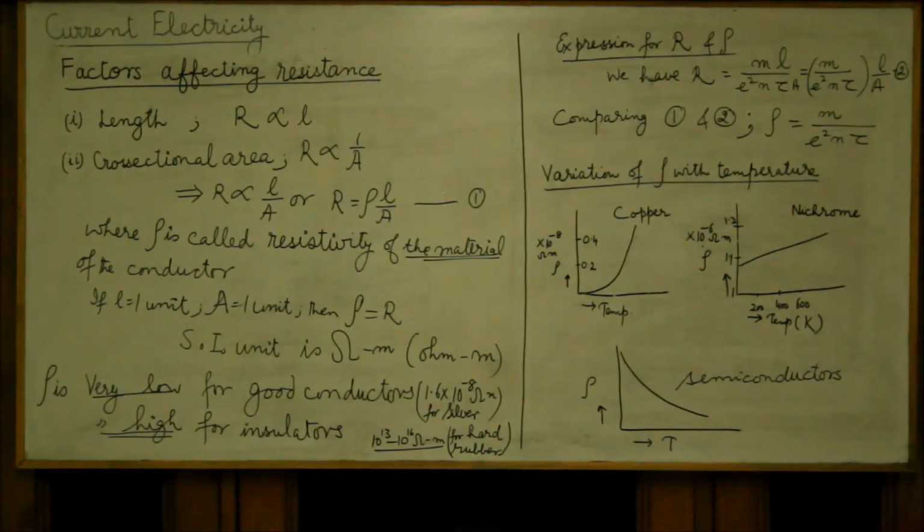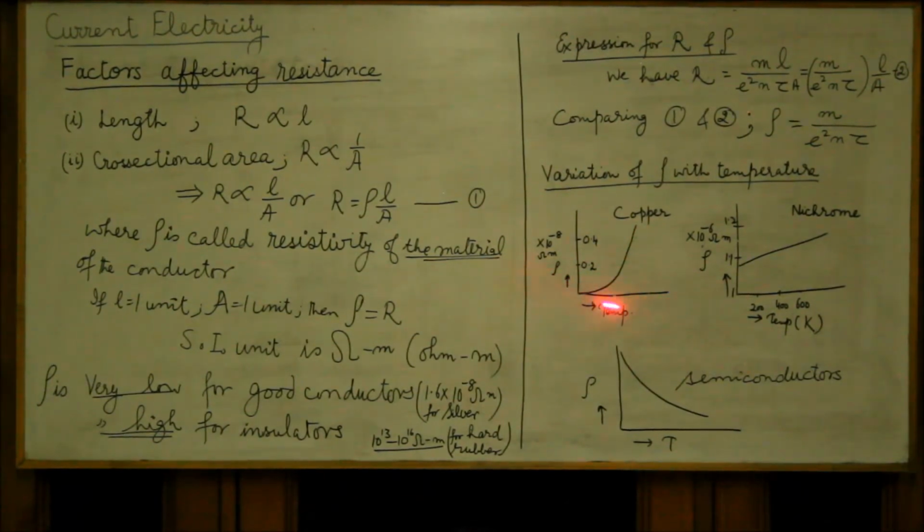The resistivity shows variation with temperature. The variation for three materials is as shown in the graphs. The first graph represents variation of resistivity with temperature for copper. As you can see, the resistivity increases with rise in temperature.